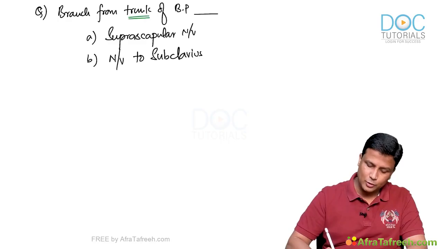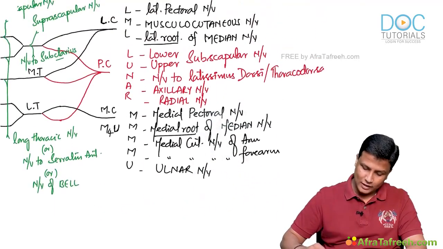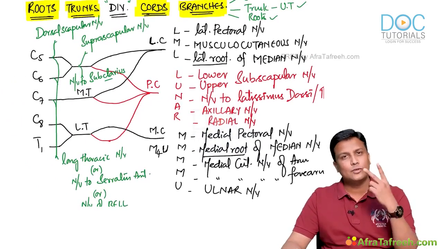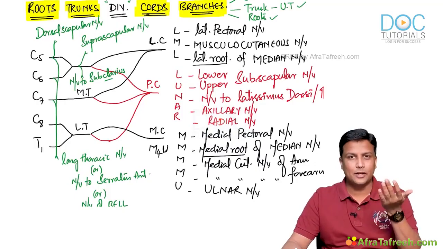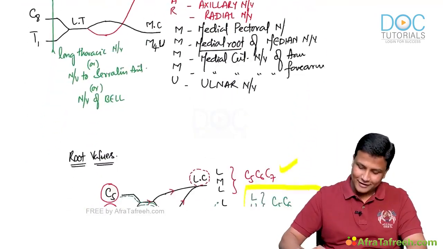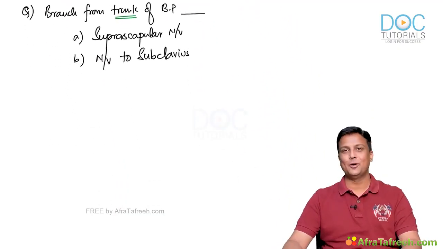Just now I taught you we have 3 trunks, and out of the 3 trunks, only the upper trunk will give you the branches. And the upper trunk will give you 2 branches there. One is suprascapular, another one is nerve to subclavius. And in the exam, both of those branches were given in the options.